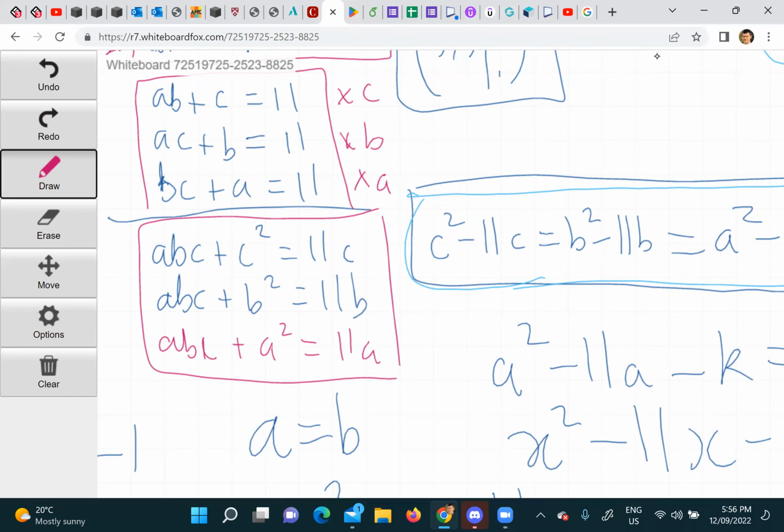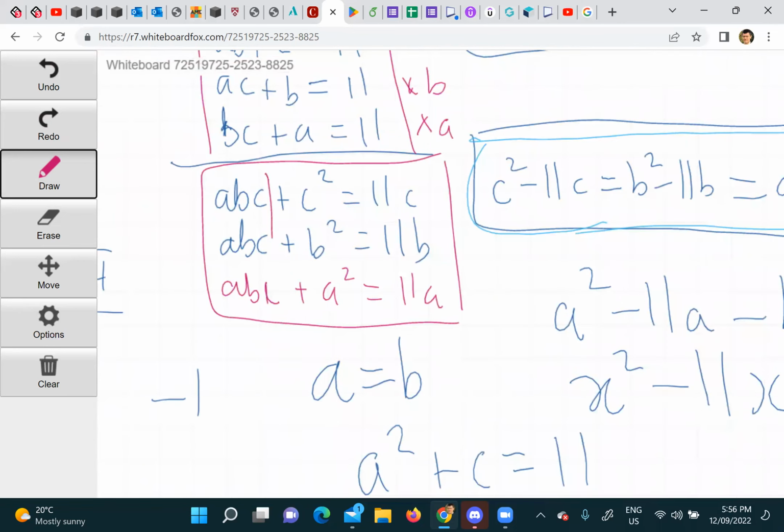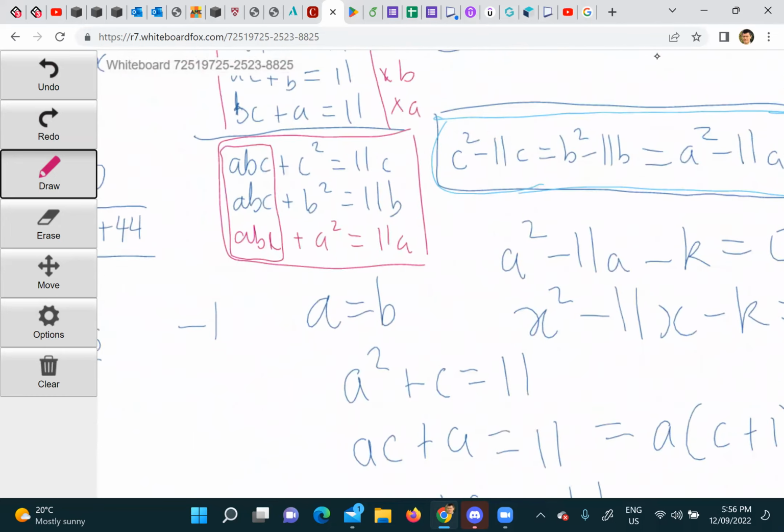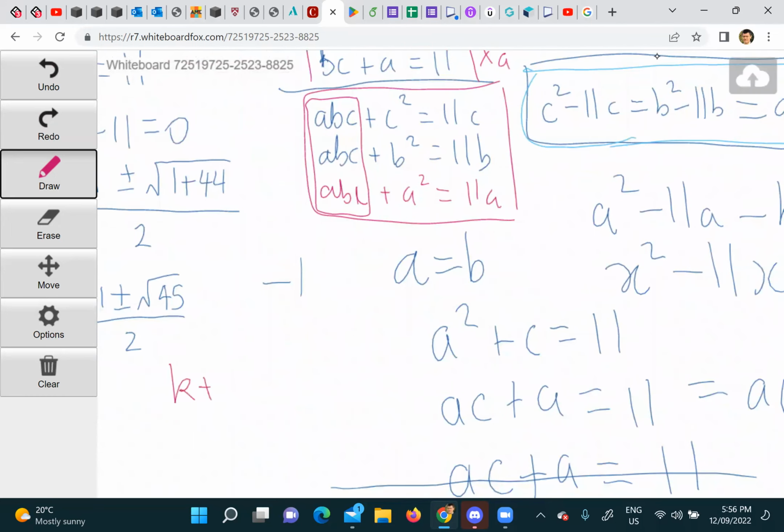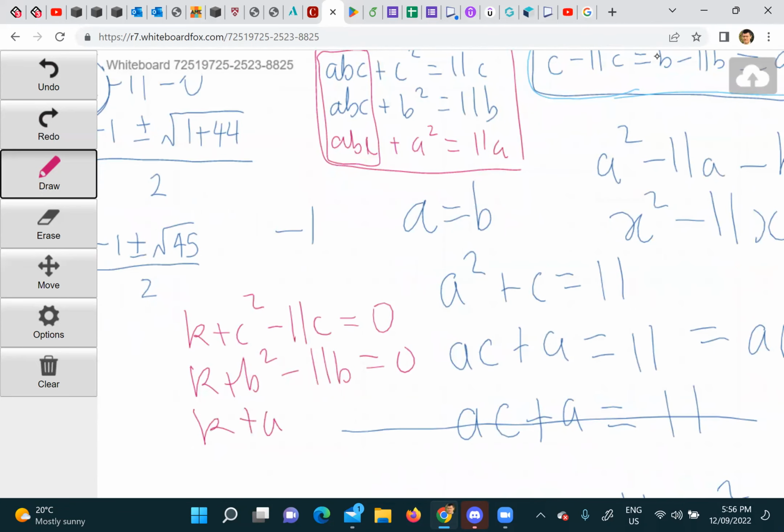Because ABC is the same in all of them, this is your K. So you have K plus C squared minus 11C equals 0, K plus B squared minus 11B equals 0, and K plus A squared minus 11A equals 0.